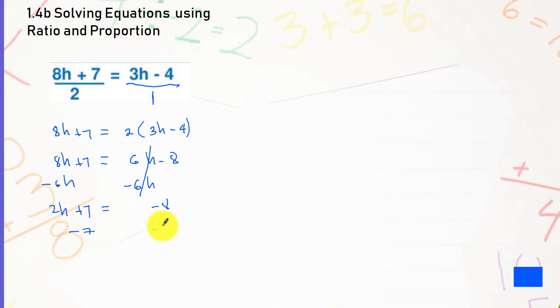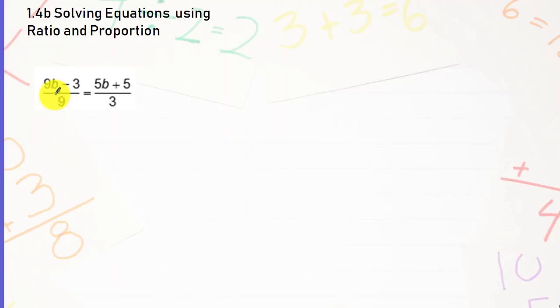Subtraction property. Additive inverse. And then division property. And then using our multiplicative inverse, I'm going to get negative 15 over 2. Okay, don't write this as negative 7.5. Just leave your answer as a fraction, or if you want, as a mixed number.